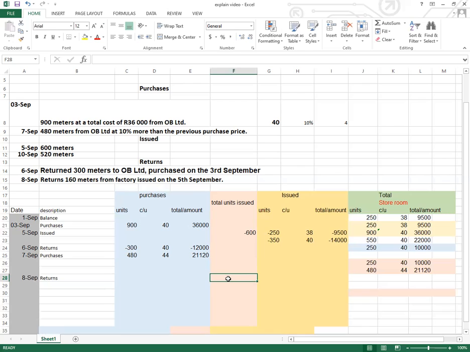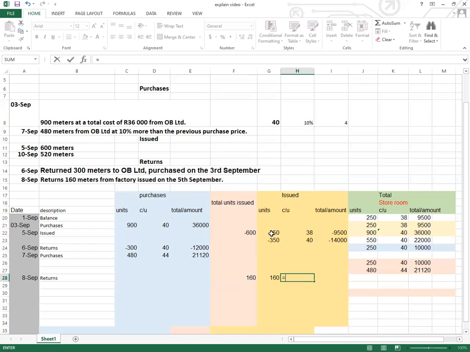Remember, guys, when we issue as an entity, we issue to where? To the customer, ne? We return how many units? 160. Ne? At how much? On the 5th of September.